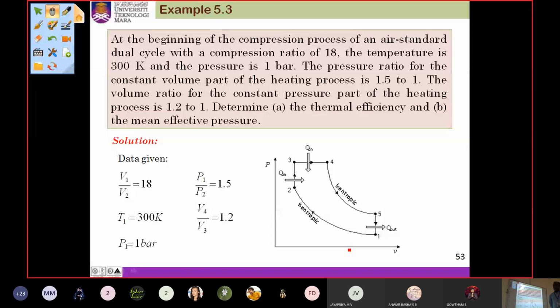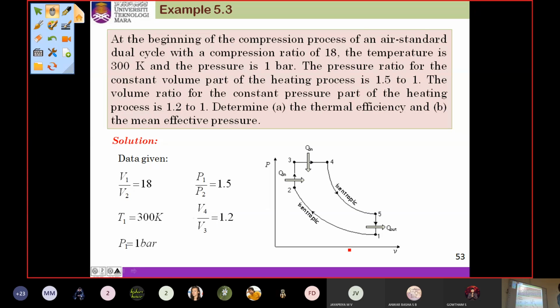As usual, we can have the PV diagram of a dual cycle. We know isentropic compression, followed by constant volume heat addition, followed by constant pressure heat addition, again isentropic expansion, then constant volume heat rejection.